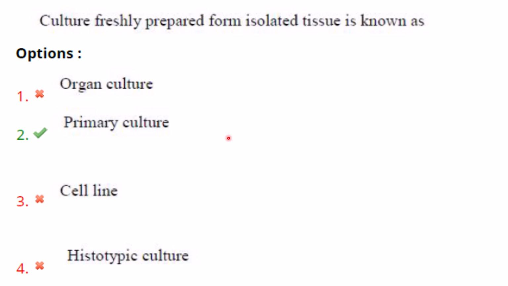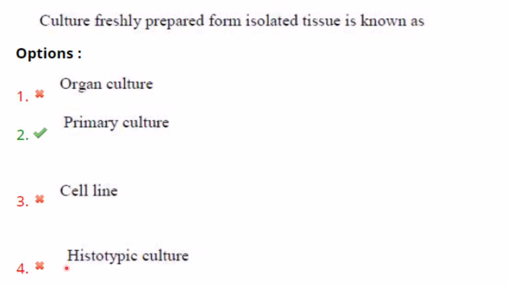Then organ culture means it is a laboratory technique for growth and maintenance of whole organs, or organ primordia, or small fragments of the organ. So that is not a culture of freshly prepared isolated tissue. That is not correct. Then cell line means cells derived from the primary cultures and adapted to grow in the culture medium or in vitro conditions.